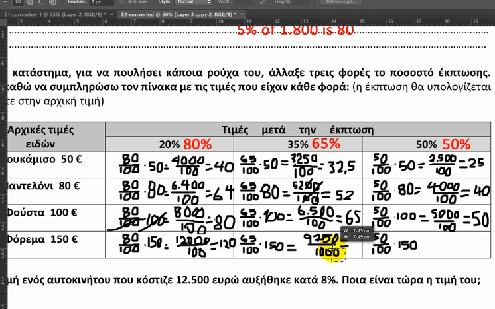This should be 100. And let's move this a little bit to the left. And what I get out of this is 97.5.